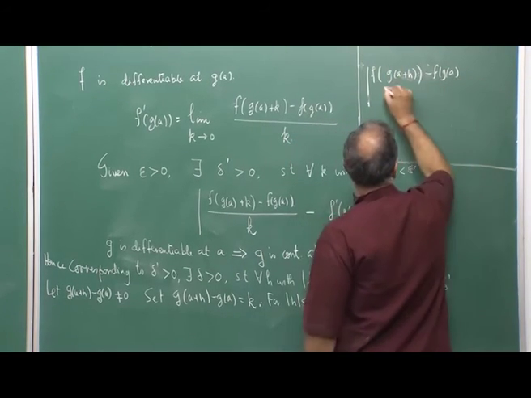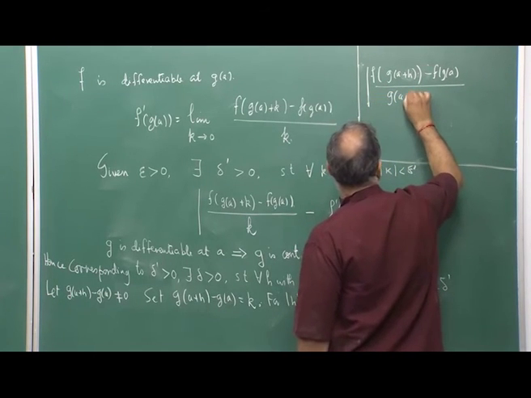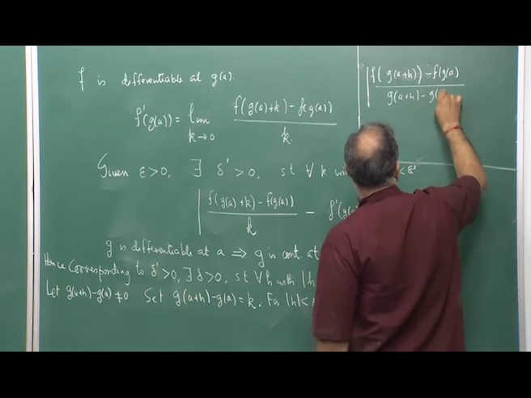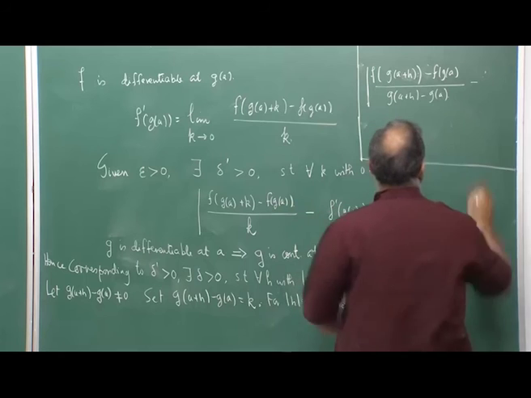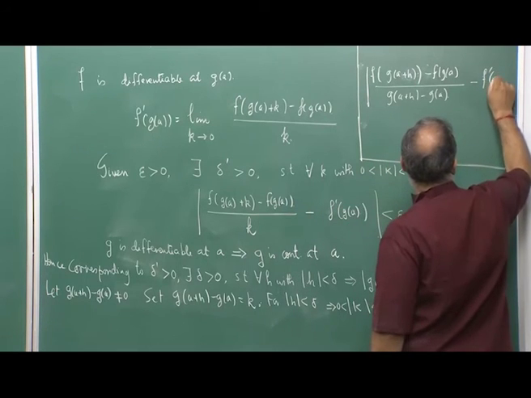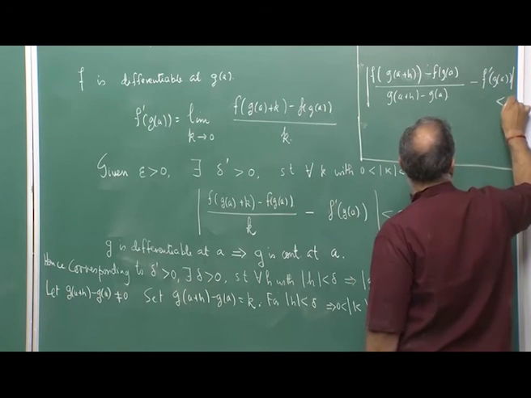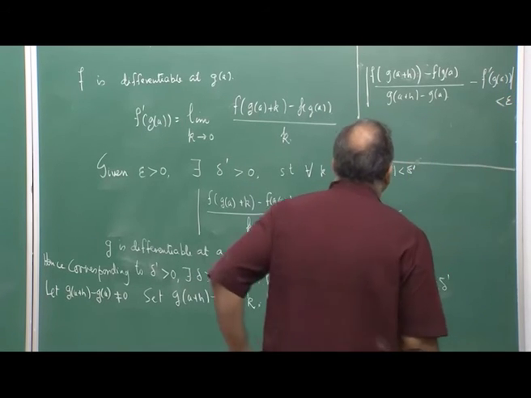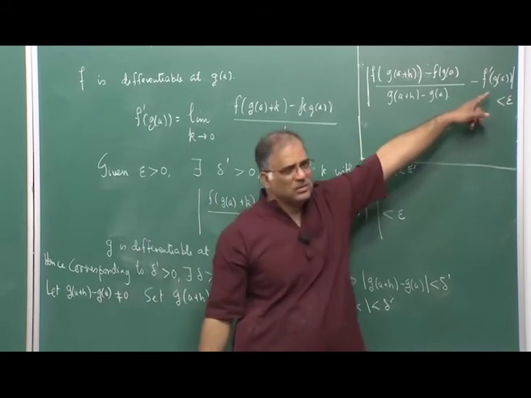So, we will have this divided by, instead of k, g of a plus h minus g a, minus f dash g a, strictly less than epsilon. So, for all |h| less than delta, this holds.